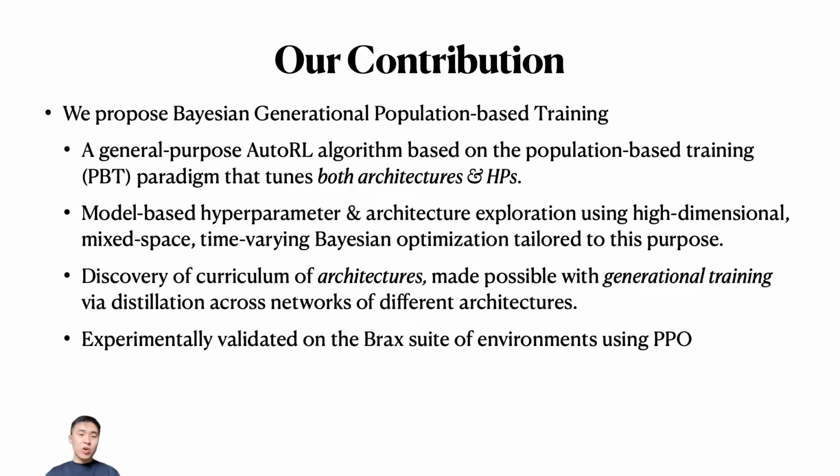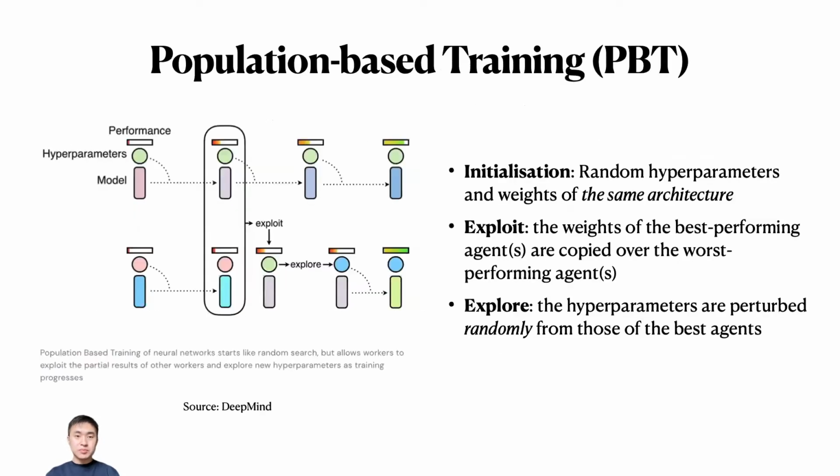Secondly, we also enable discovery of a curriculum of architectures, made possible with generational training via distillation across networks of different architectures. And finally, we experimentally validate our algorithm on Brax environments using PPO.